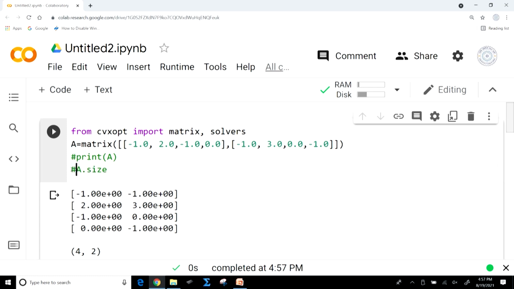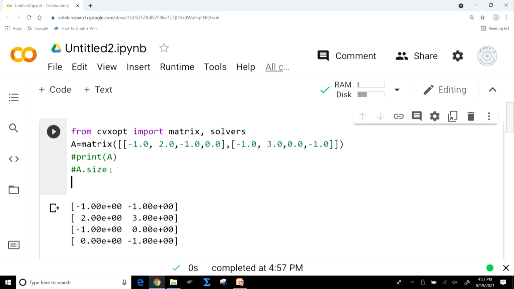Then similarly you can feed matrix B. B equal to matrix, it is -2 dot 0, then 12 dot 0, then 0 dot 0, and 0 dot 0.